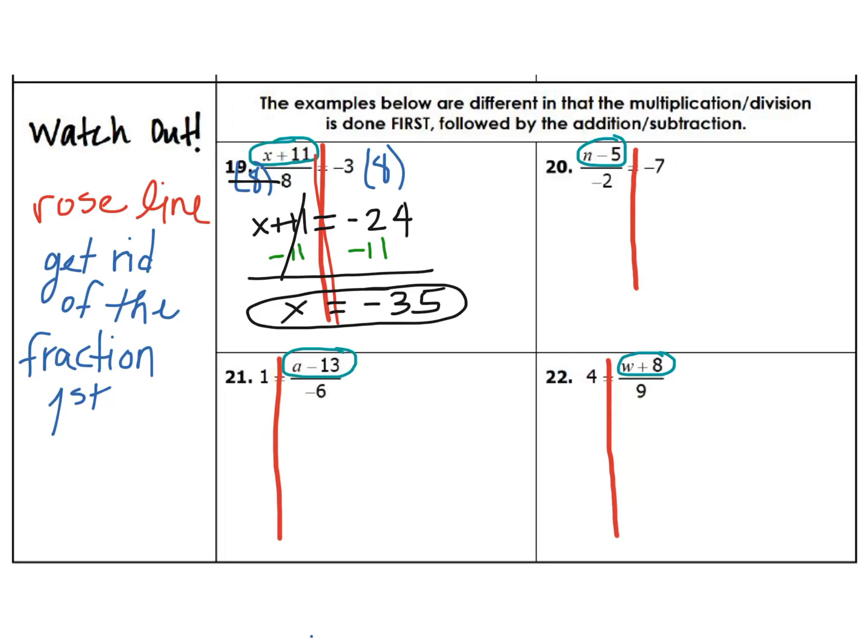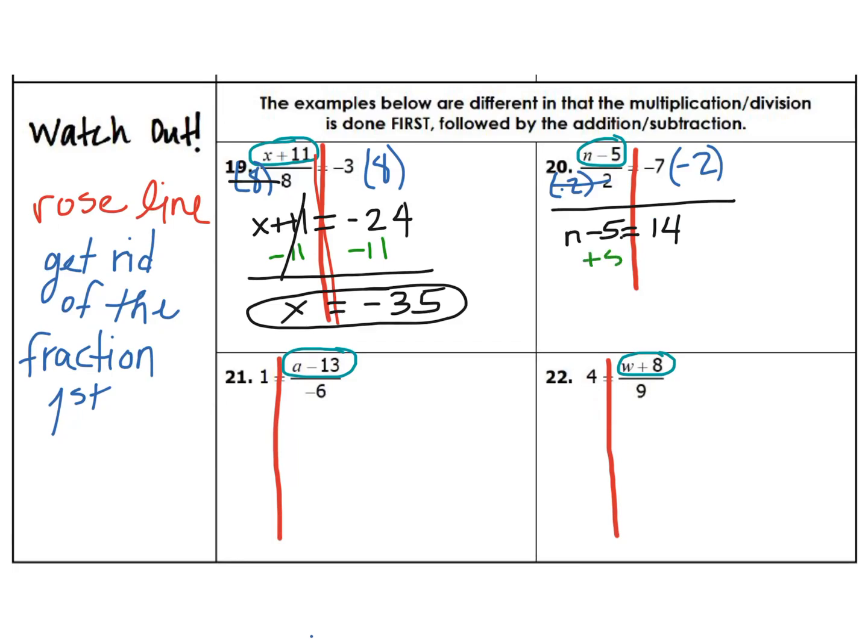So, number 20, n minus 5, all divided by negative 2. I'm going to multiply both sides by negative 2. Okay, n minus 5 equals positive 14.